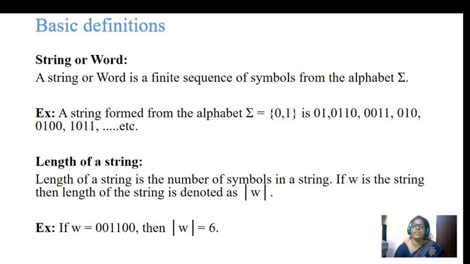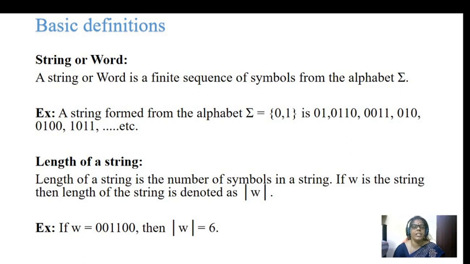From this set, we produce some strings or words. For a string formed from the alphabet sigma {0, 1}, how can we write the strings? 01, 0110, 0011, 010. We arrange the symbols as a word or string, using the symbols 0 and 1.